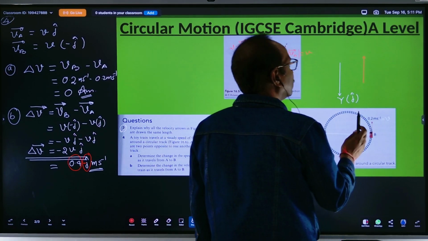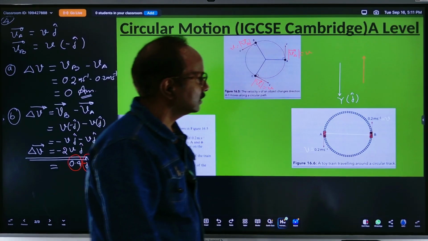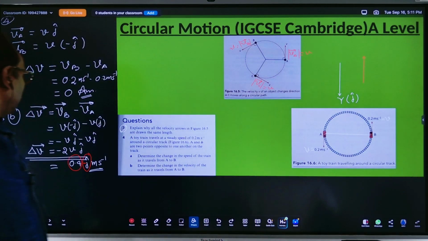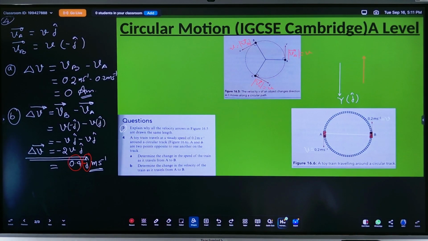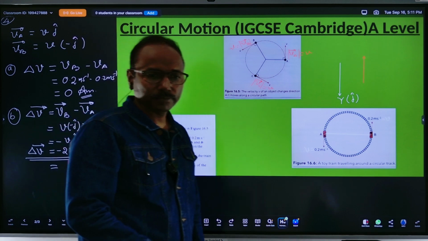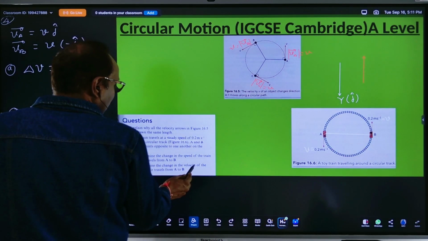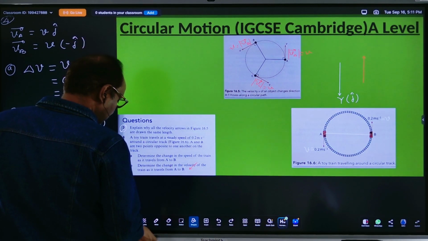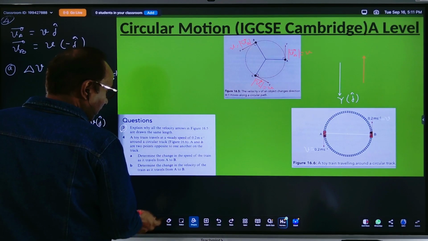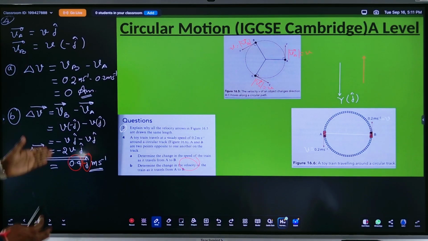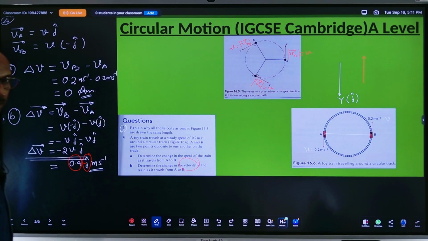The change in velocity, the direction is this way, and the magnitude is 0.4. So this will be your complete answer because it is asking the change in the velocity. Velocity is a vector, which means you have to give the magnitude as well as the direction.